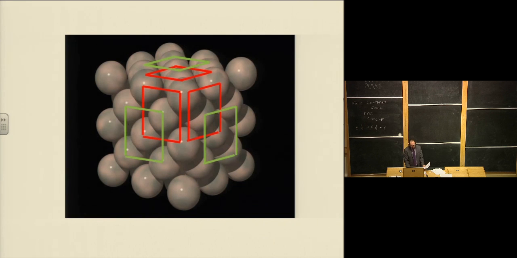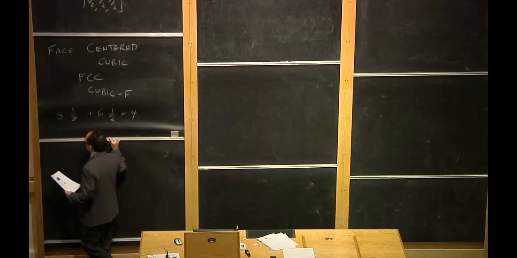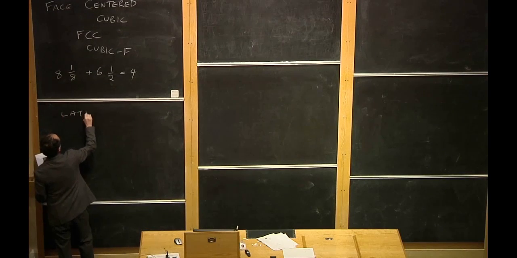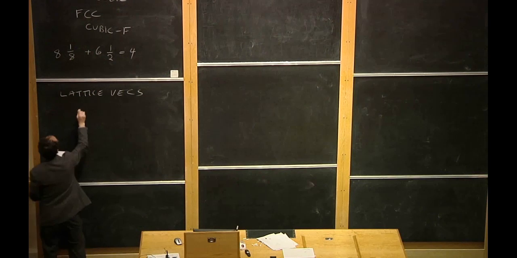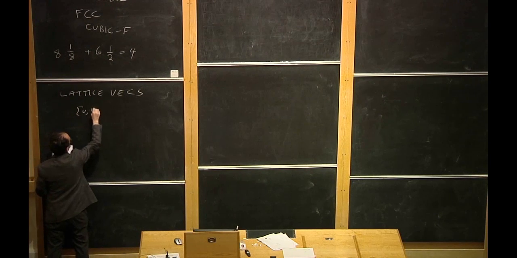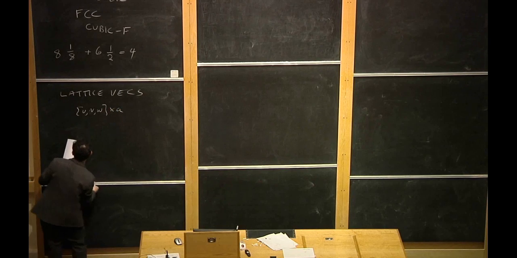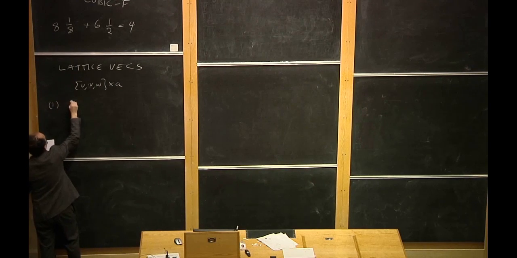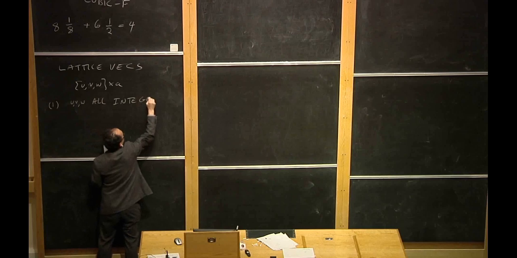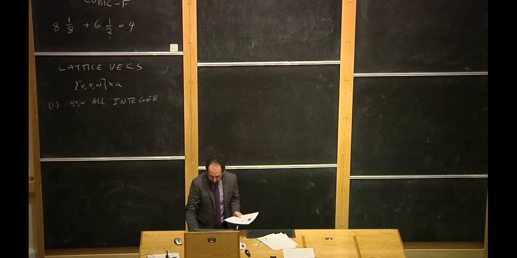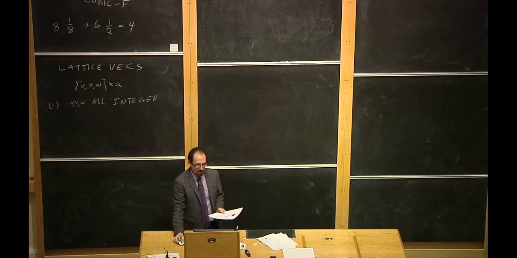And although it may not be completely obvious that the environment of every single sphere is identical to the environment of every other sphere, since that's not completely obvious, we should do the exercise of actually writing down the lattice vectors for the FCC lattice. And I claim they take the form, again, u v w times a, where either possibility 1, u v w are all integers, and again, that would correspond, backing up one more, to the points in the corners, all integers.